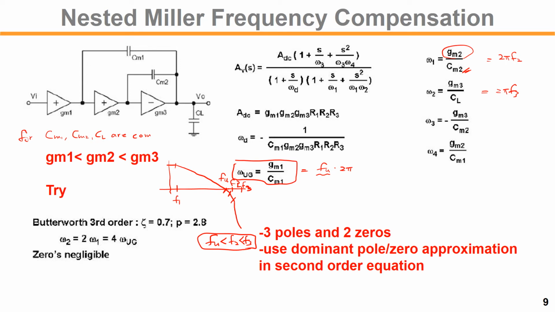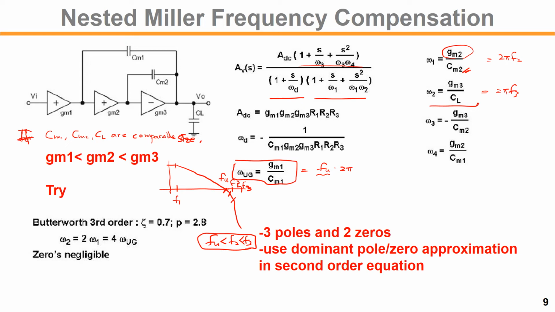If the CM, CM2, CL are comparable size, then the GM should be designed in that way, as I showed you before, right? So if you look more carefully, we have 3 poles here, 1 dominant pole and 2 non-dominant poles, and also we have 2 zeros here.